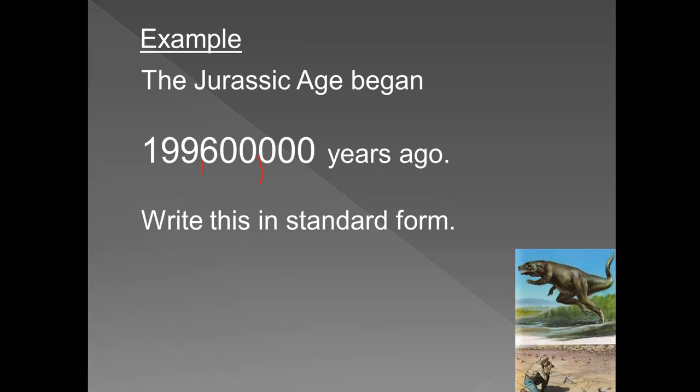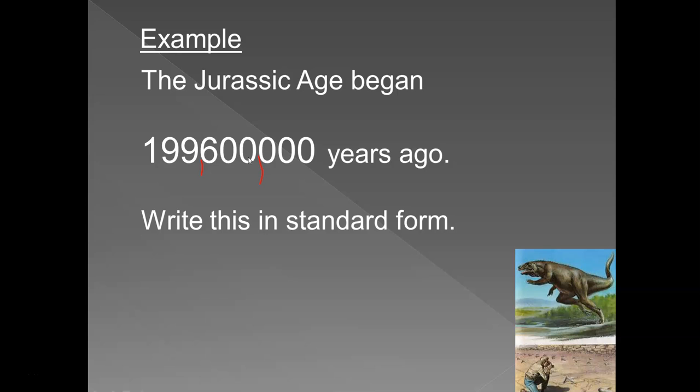So, example: the Jurassic Age began, and I wrote some commas just so that it would be made easier to call the numbers. So it began 199,600,000 years ago, they say. Write this in standard form.